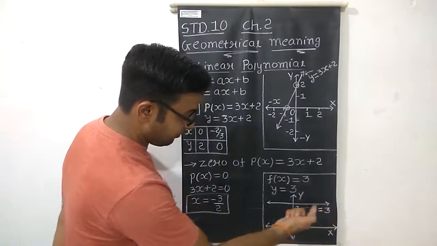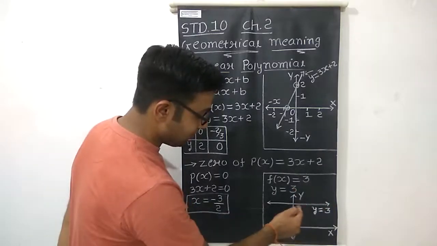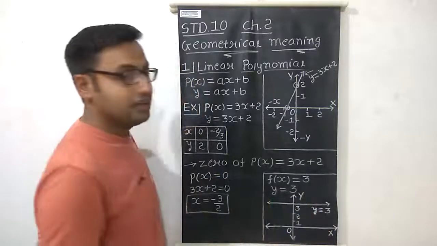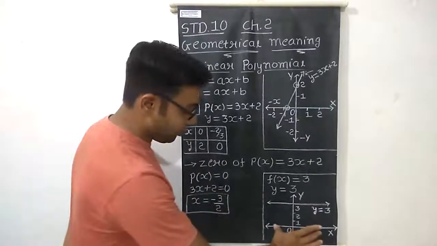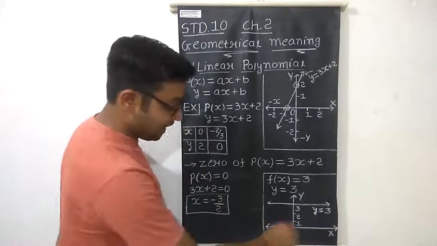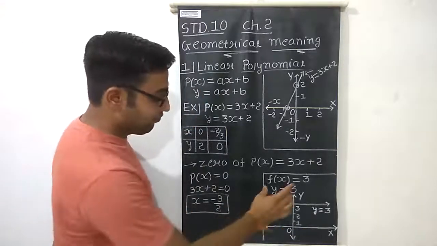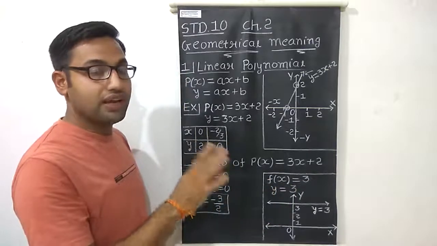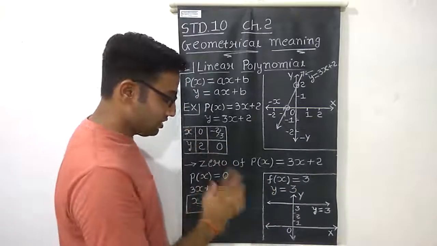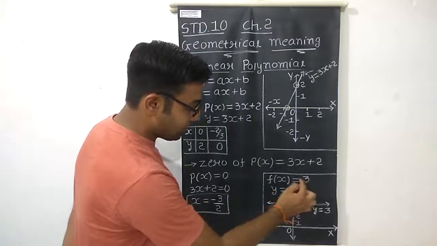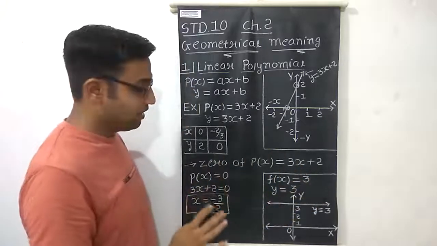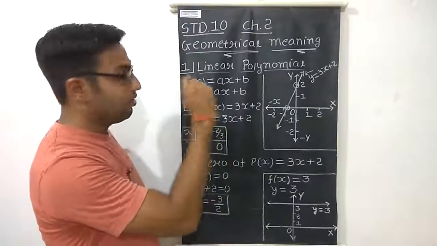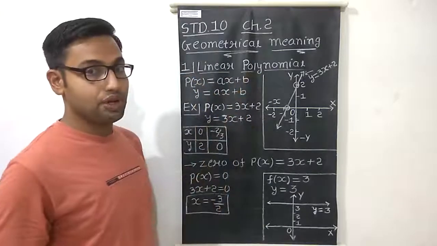This graph will pass through this value 3, and it is parallel to the x-axis and does not touch the x-axis at any point. That is why this polynomial has no zero. We cannot get any value of x such that this polynomial becomes 0. So this is the geometrical meaning of the zero of linear polynomials.